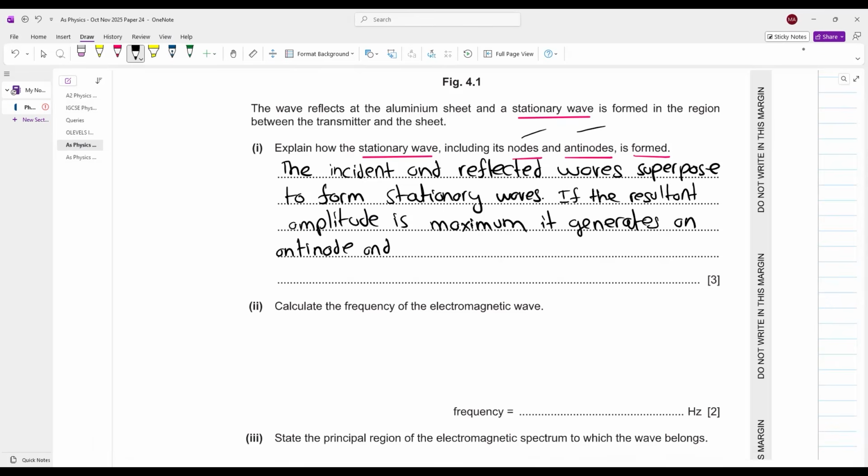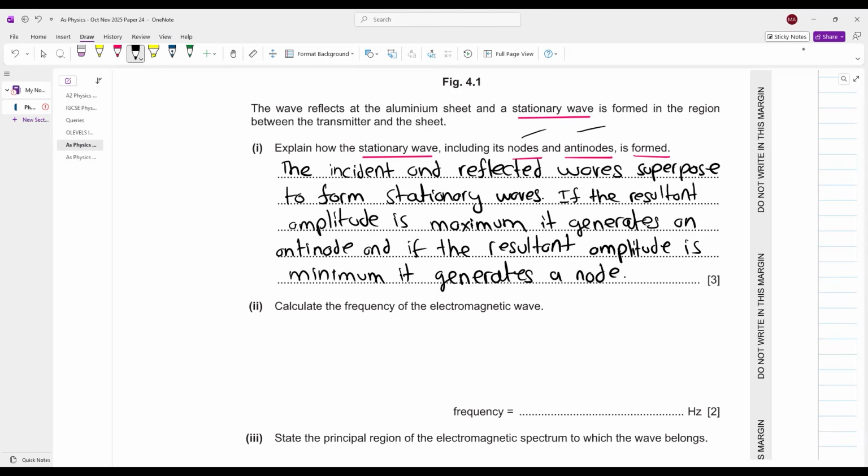And if the resultant amplitude is minimum, it generates a node. Perfect.